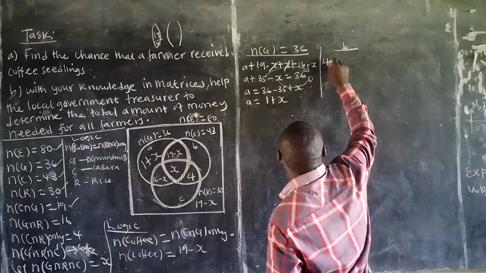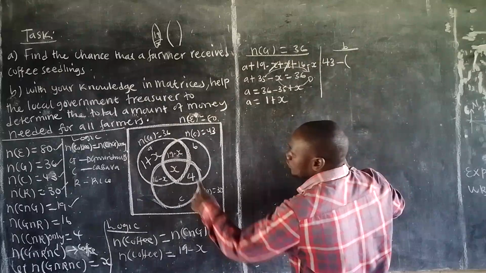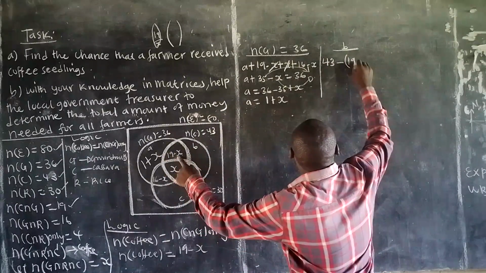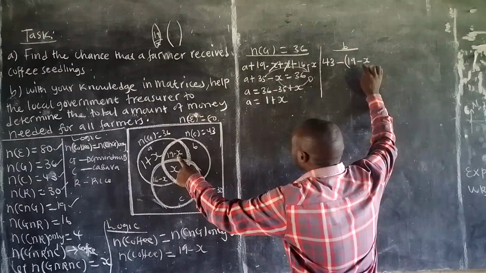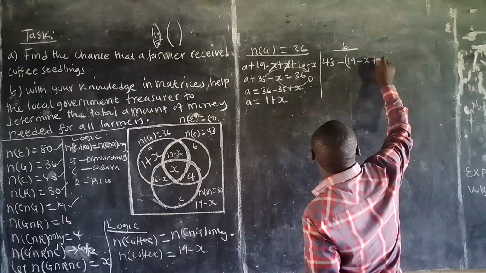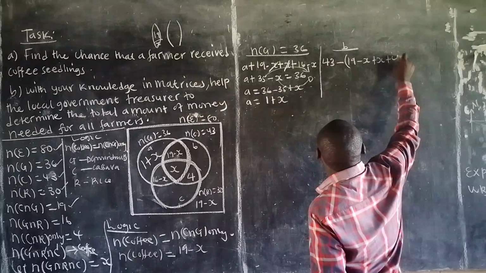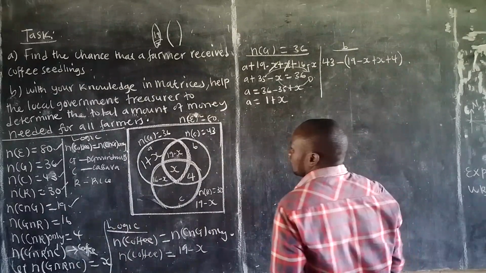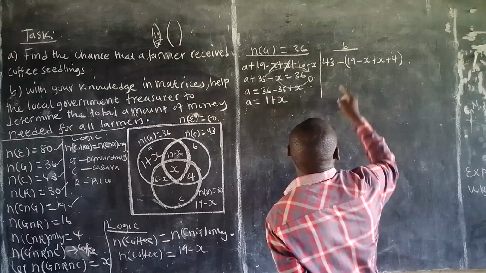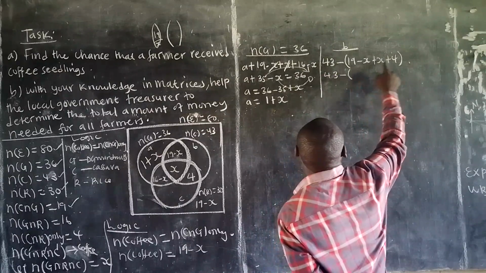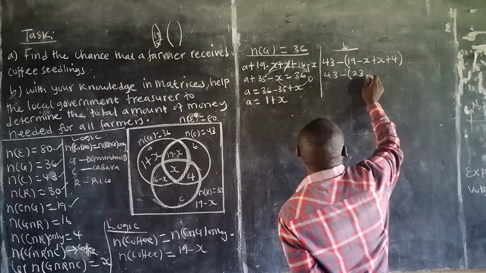Another one, you can start with 43 minus whatever is in that stuff: 19 minus x, plus x, plus 4. Then finally, what are we going to have here? 43 minus, now you add 19 plus 4, you get 23.